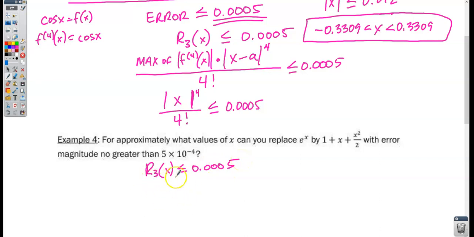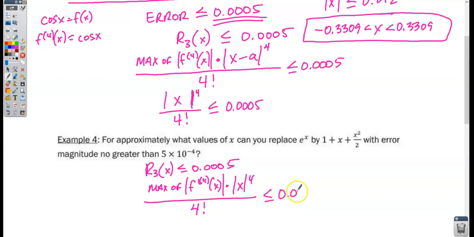Again, this is going to be centered at 0. So we set this up as the maximum value of the fourth derivative of x times the absolute value of x to the fourth all over 4 factorial has to be less than or equal to 0.0005.